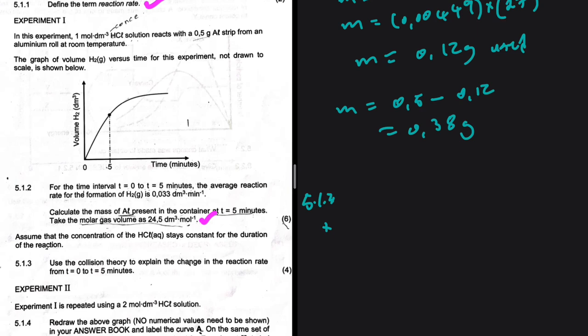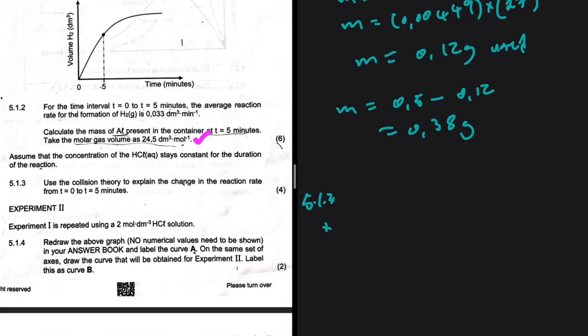When we have less effective collisions per unit time, the rate of reaction decreases. It becomes slower, essentially. So that is 5.1.3. We can phrase this answer in a couple of different ways, but essentially, the number of moles of aluminium are getting used up. So when they're getting used up, we have less effective collisions per unit time, and the rate of reaction is going to go down. That is 5.1.3.